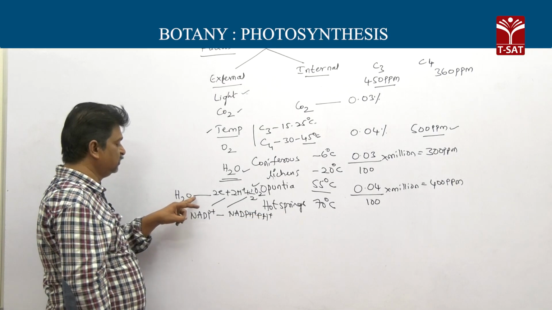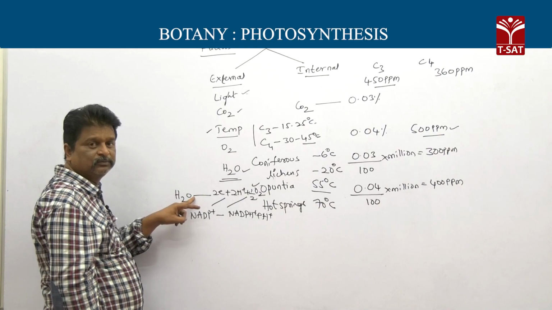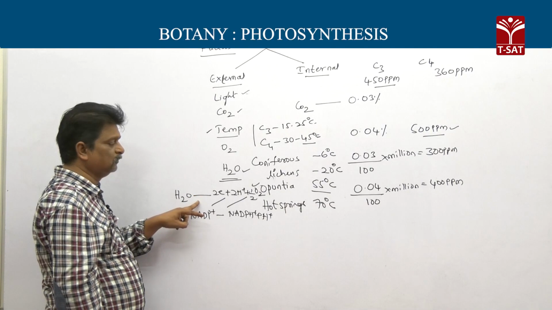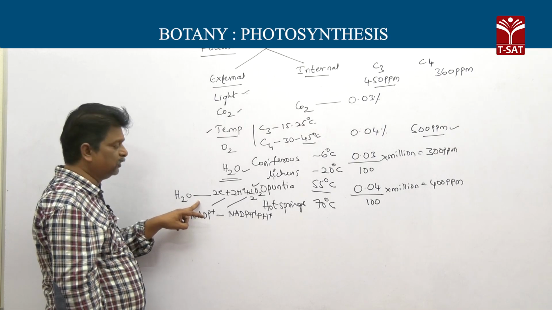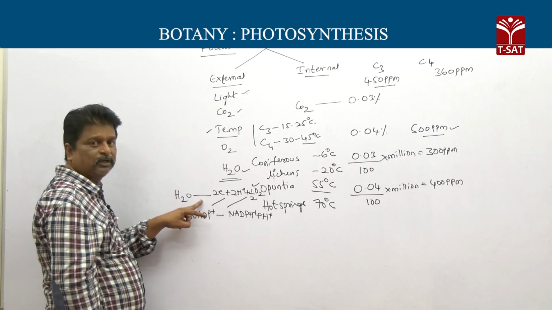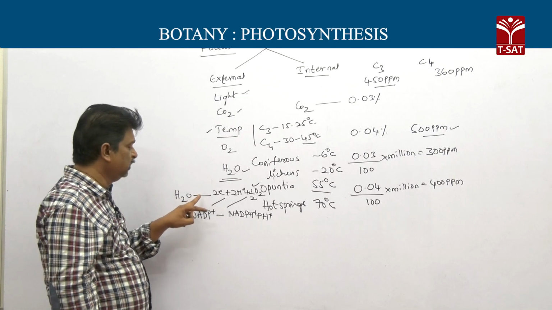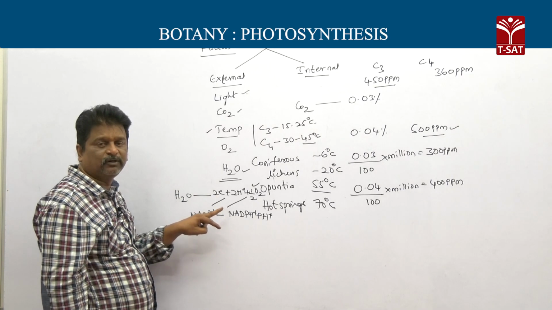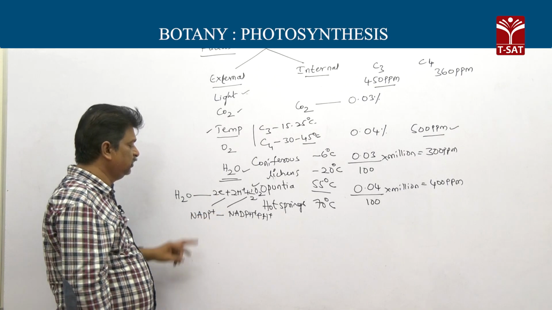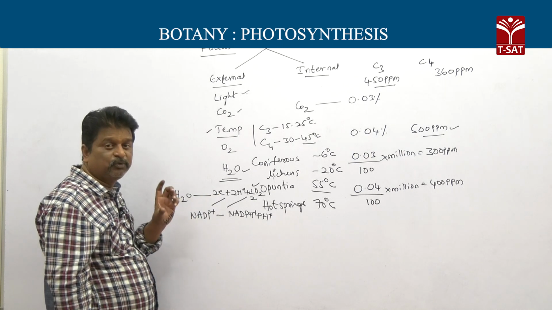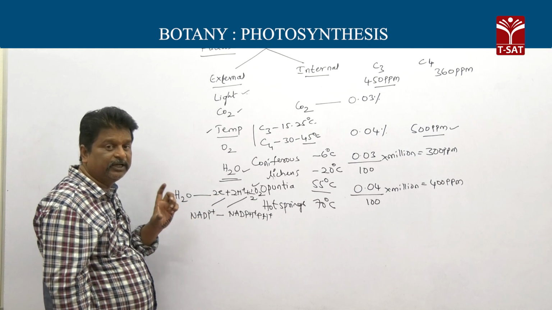Actually, the scientist Hill isolated chloroplasts and they could release oxygen in the presence of a proton acceptor. So, Hill reported that isolated chloroplasts could release oxygen in the presence of a proton acceptor, and he used an artificial proton acceptor, that is potassium ferric oxalate.